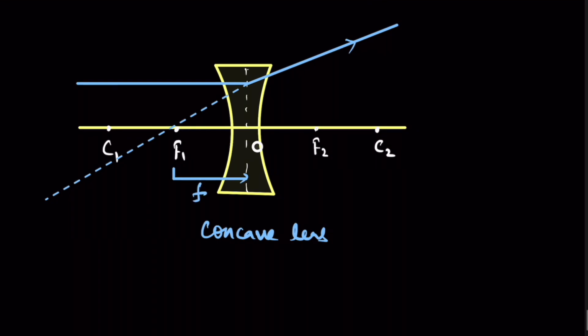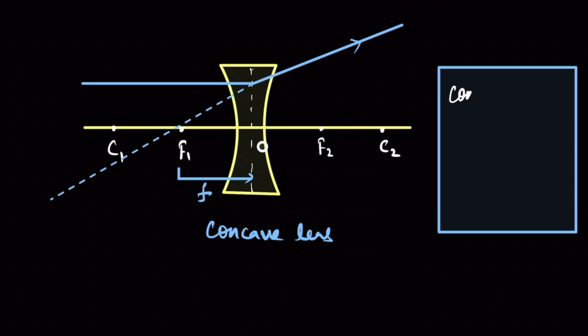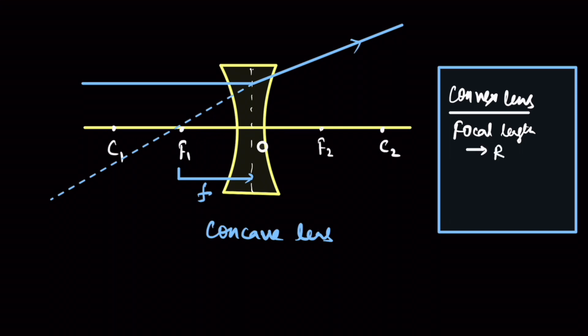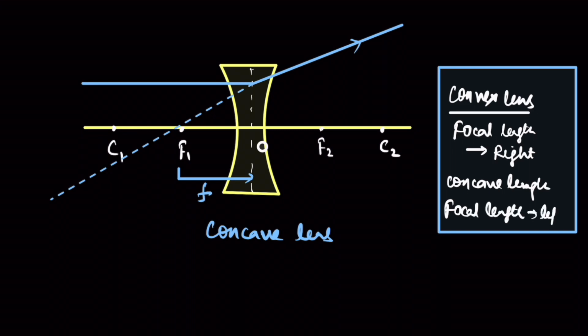Here we can summarize. For convex lens, focal length is on the right side, and for the concave lens, focal length is on the left side.